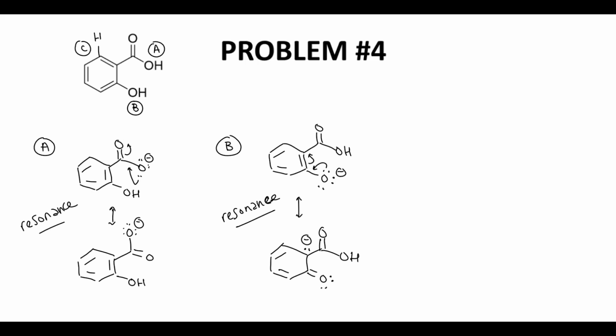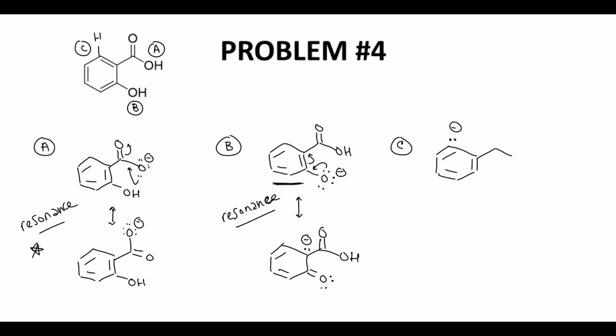Now we could continue drawing more resonance forms, but overall we have another problem. We are disrupting this aromatic ring, which we may or may not have talked about in your classes yet. But those aren't great resonance forms. So the C minus is not as good. A is looking better and better. Let's see what answer C has to show us.